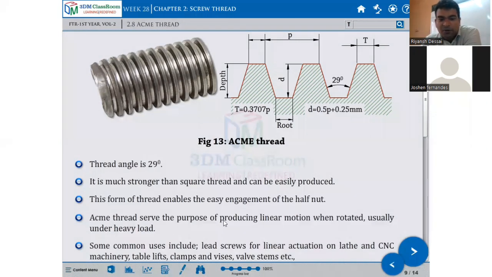The Acme thread serves the purpose of producing linear motion when rotated, usually under a heavy load.